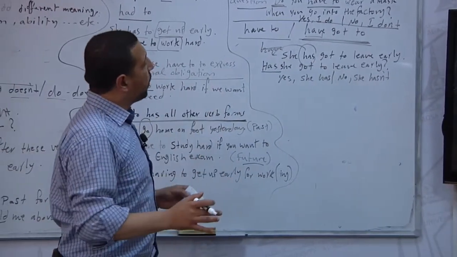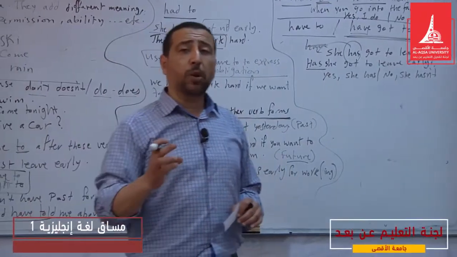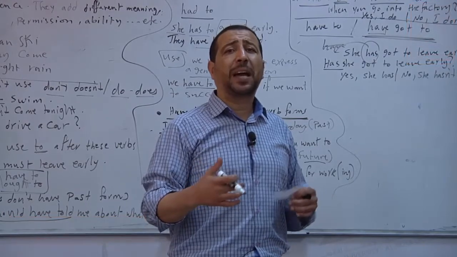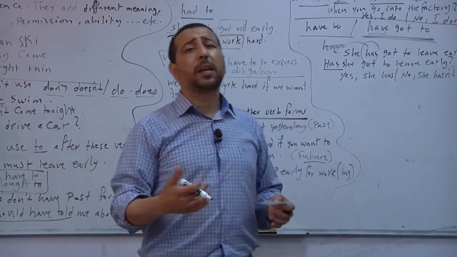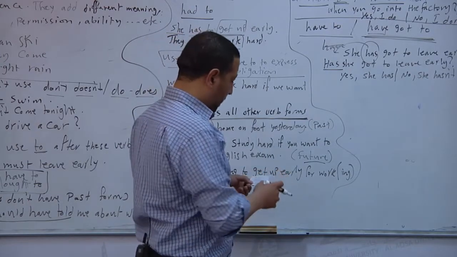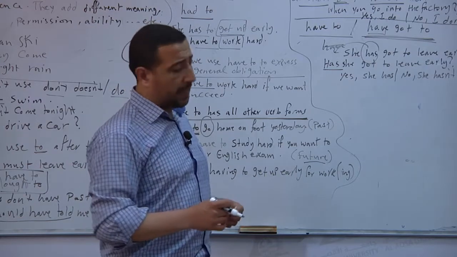In general, have got to is more common in British English and in spoken language, so you can use it informally.